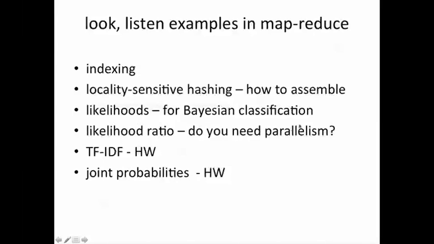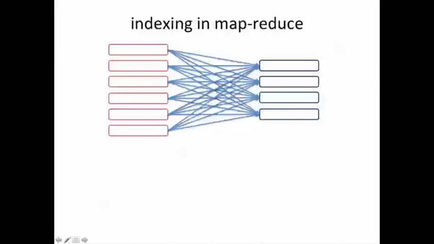Do you actually need parallelism to do this? How about computing the TF-IDF or the joint probabilities for computing the information gain or mutual information? I'll leave these last three as homework for you, and we'll just do the first three right now. Let's start with indexing.